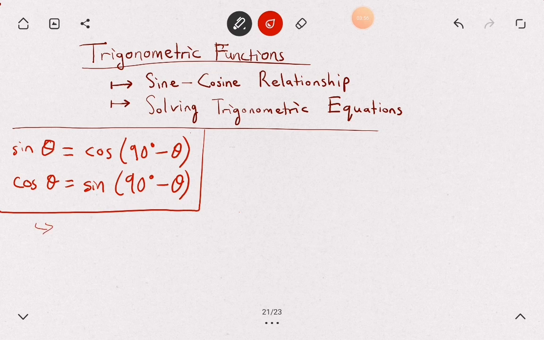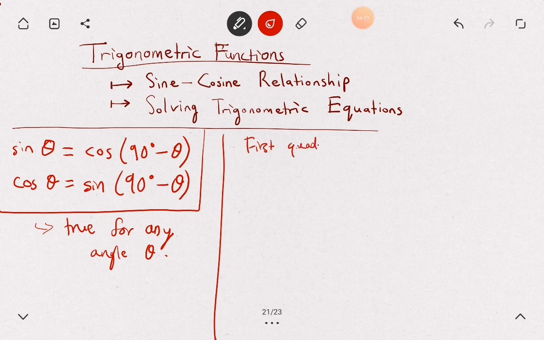This is true for any angle theta, but for now I will prove the first quadrant, or let me just say the right angle triangle case. All right, so now let me draw a right angle triangle.